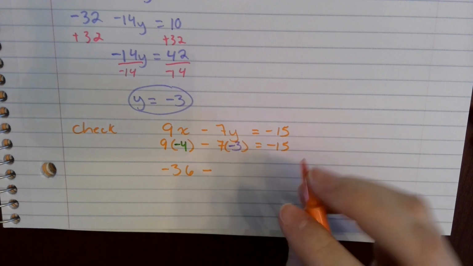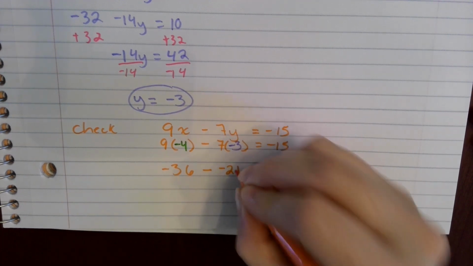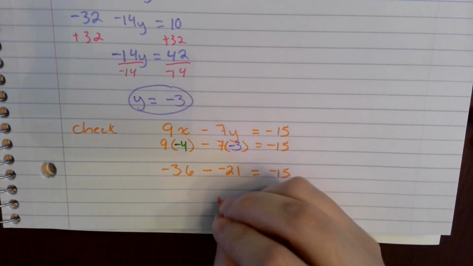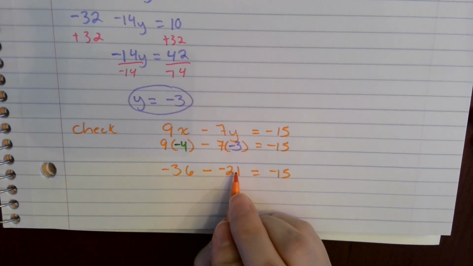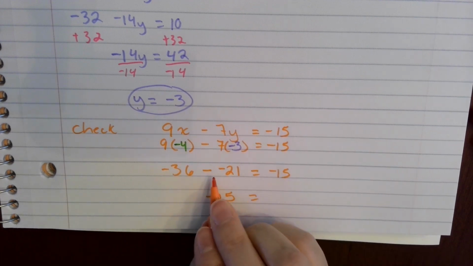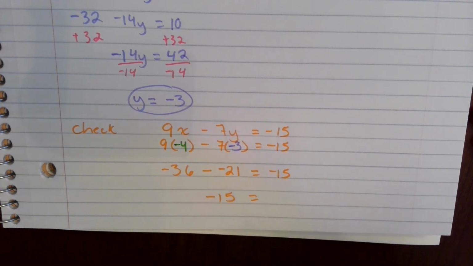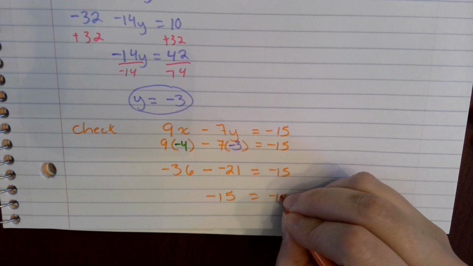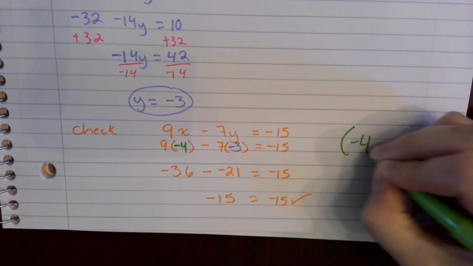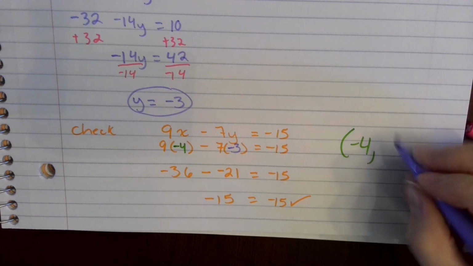Minus 7 times a negative 3 is a negative 21, so you have minus a negative 21 is equal to negative 15. And negative 36 minus a negative 21 is going to give you negative 15, because minus a negative is the same thing as plus. Okay, since it works out just fine, x is negative 4 and y is negative 3.